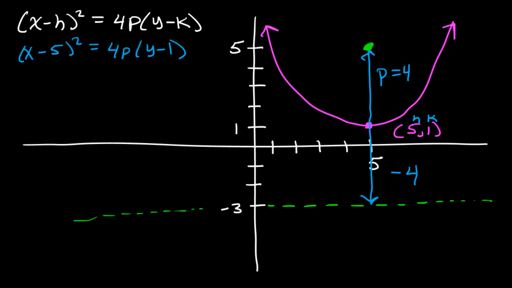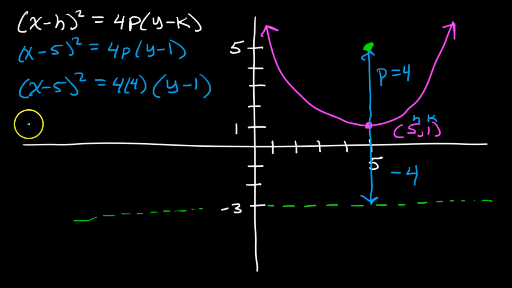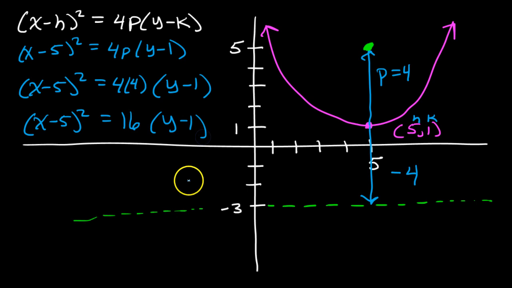So I just needed the 4. So the p-value is 4, so if I substitute that into the equation, then now I have 4 times 4 times (y - 1), which gives me (x - 5)² = 16(y - 1).